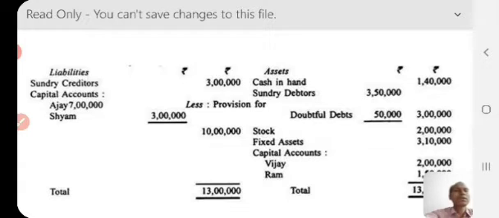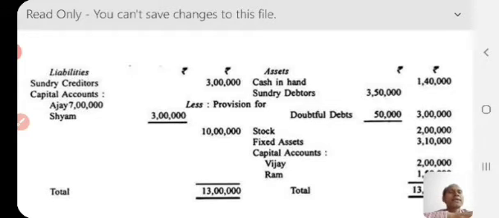Liabilities and assets. On the liability side, we can see sundry creditors 3 lakhs, capital accounts: Ajay 7 lakhs, Sham 3 lakhs, total 10 lakhs.